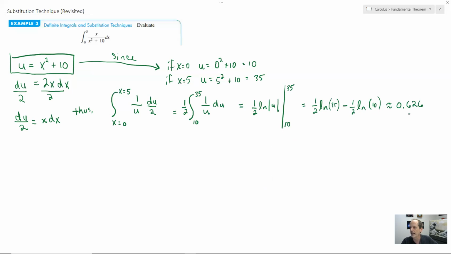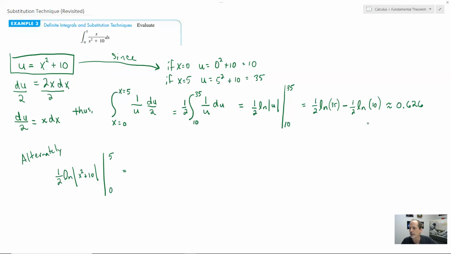And notice I got my answer without ever having to go back to x. If I wanted to go back to x, I would do it at this point. So alternately, we could say, let's run this 1/2 ln of the absolute value of u, which is x squared plus 10, from 0 to 5.